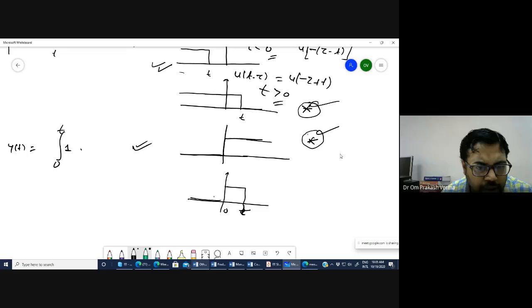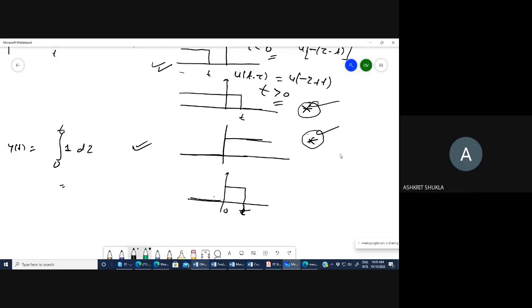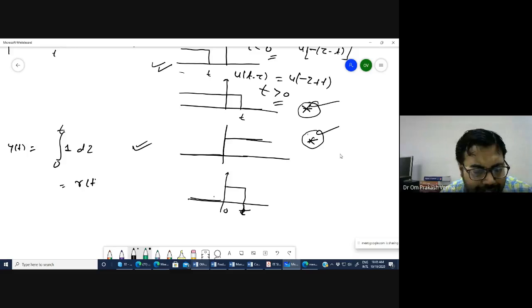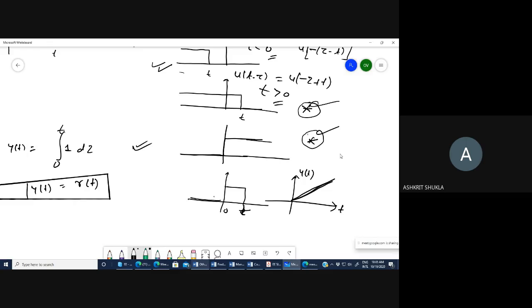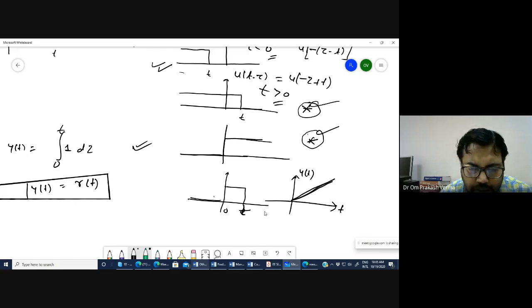So just multiplying, what will you get? You will get t. Nothing but t, which means the ramp function. Like this. You will get the output like this. Yes or no? So what is the conclusion?